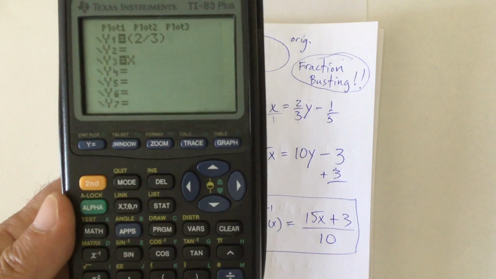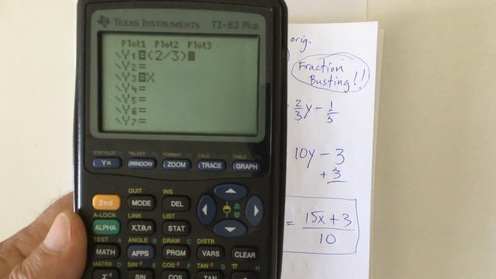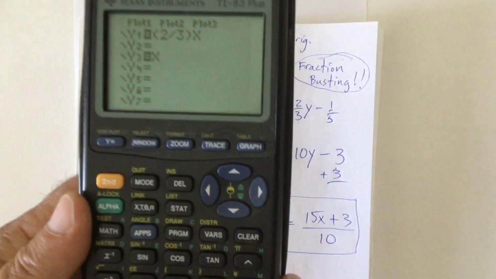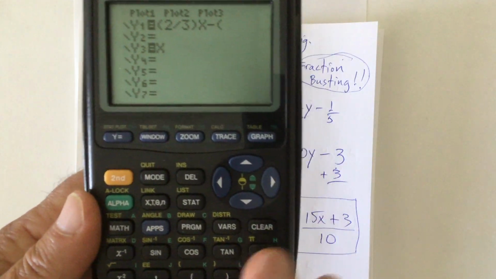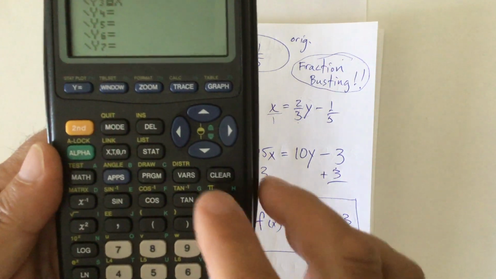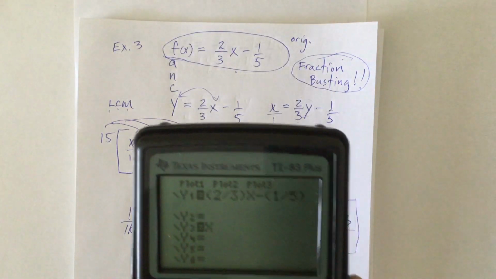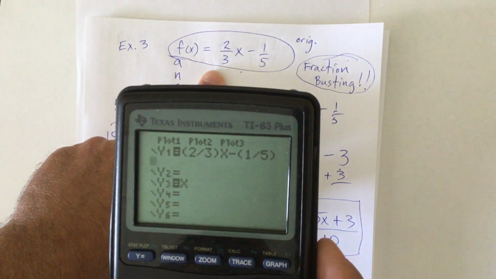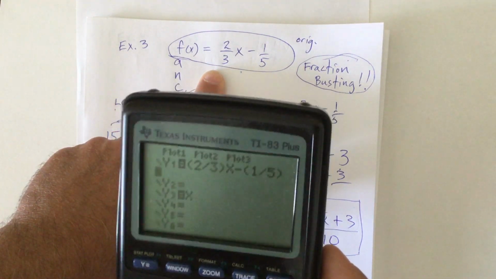That's how I tell my calculator 2/3. Then I go x. Then I'm going to say minus 1/5. Minus parentheses 1 divided by 5. Close the parentheses. That's how I tell my calculator 2/3 x minus 1/5. That's how I do it without it messing me up.